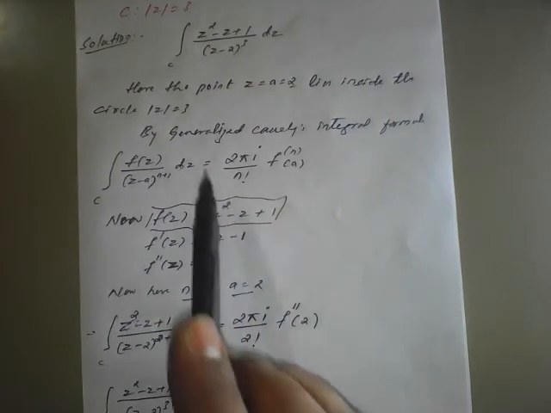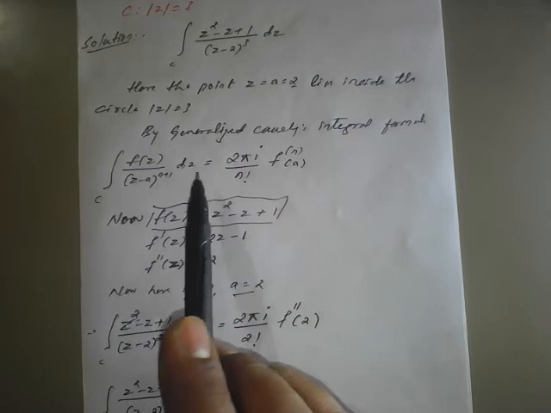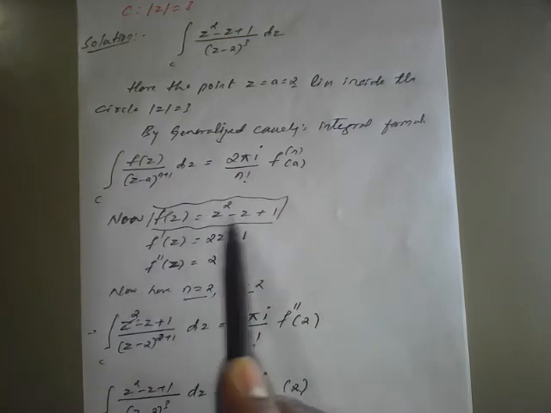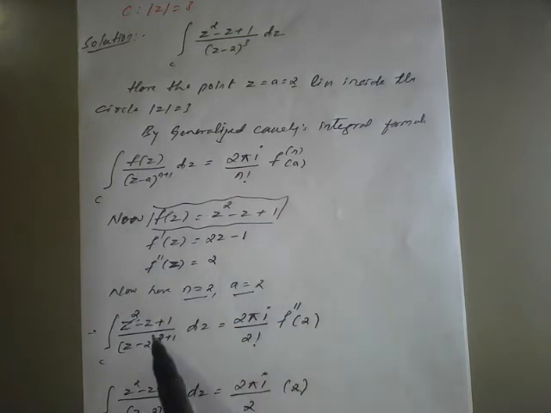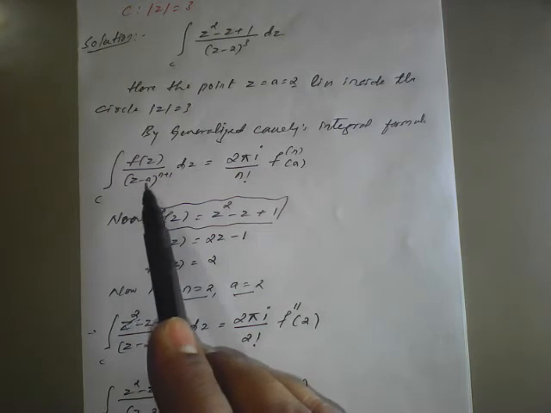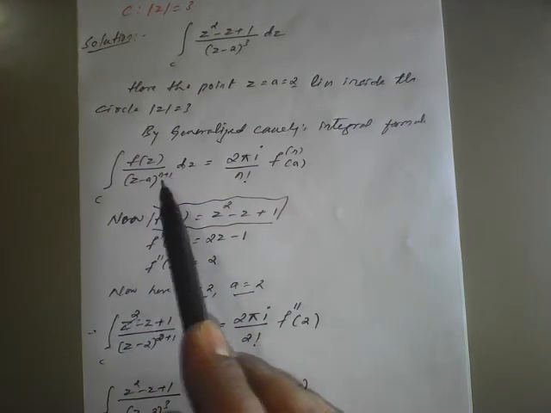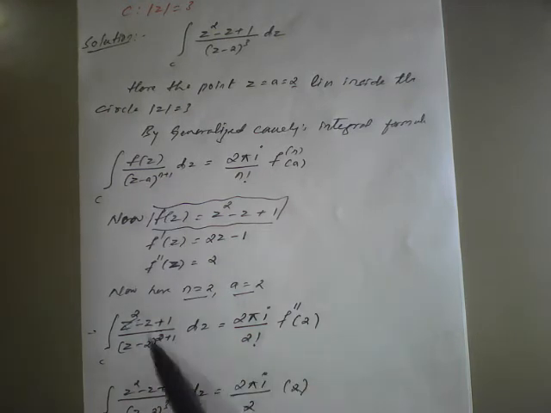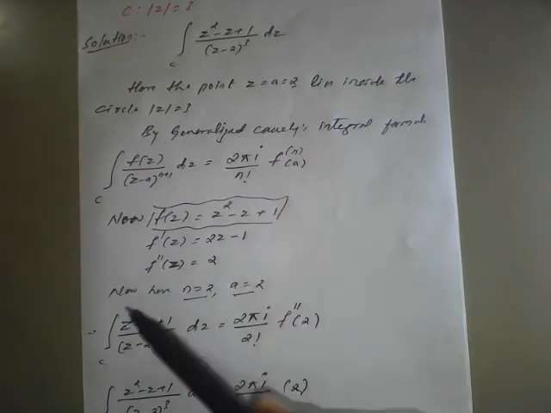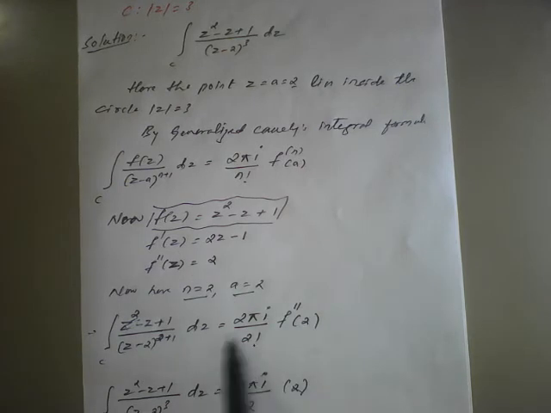Therefore all these values we need to apply in the generalized Cauchy's integral form. So f of z is z square minus z plus 1 divided by z minus a, where a is 2, raised to n plus 1, that is 2 plus 1, into dz. Once you finalize, you should see that this and the question are the same.